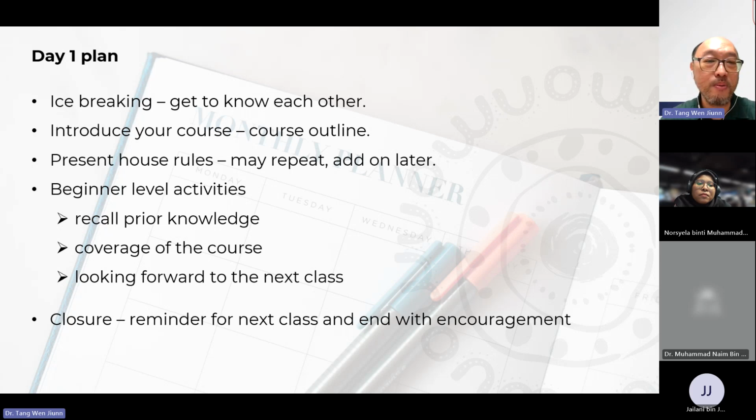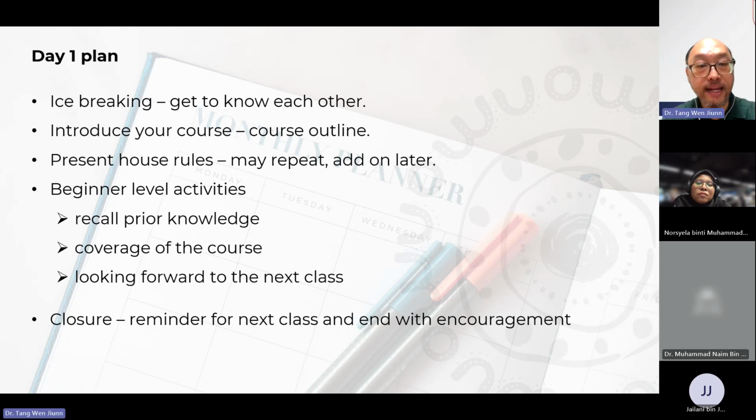So this is where we start with beginner level activity. Let's say your subject is something that they've heard or learned before. So you can start by giving them the beginner level activity: questions, Q&A, quizzes, treasure hunts, anything that will make them recall what they have learned previously that is related to this course.